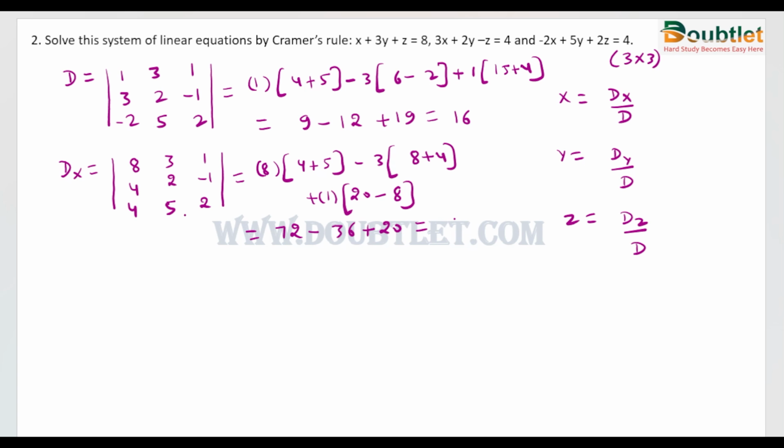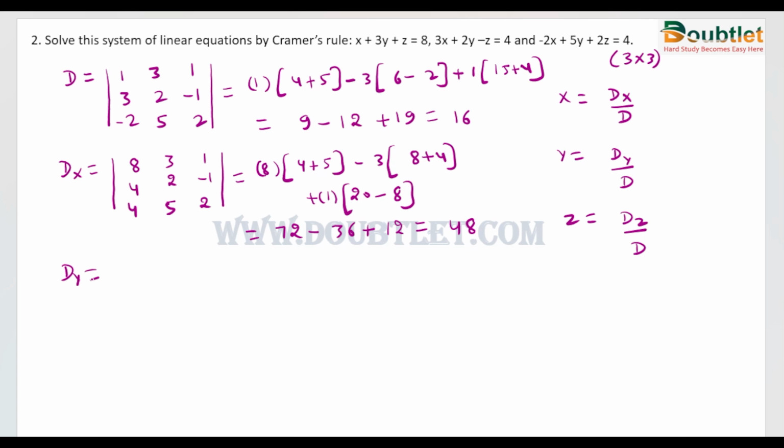So 8 times (4 plus 5), minus 3 times (8 plus 4, which is 12), 9 times 8 is 72, and this 1 times (20 minus 8) is 12. So if we solve this, it will become 48. So the value of Dx is 48.